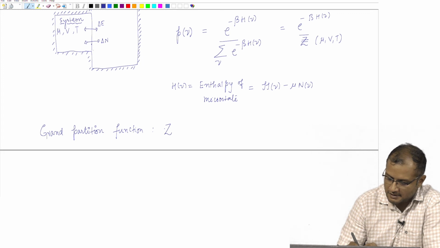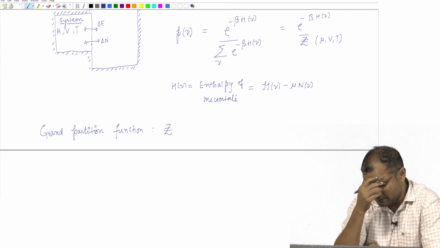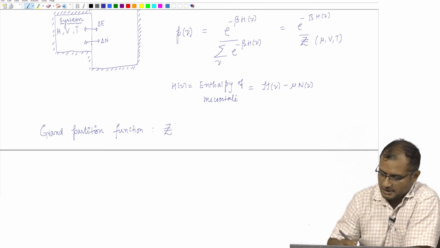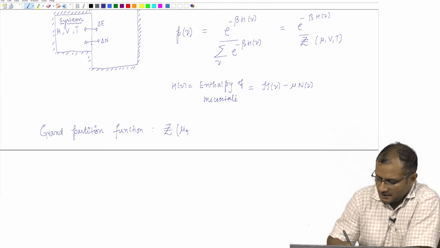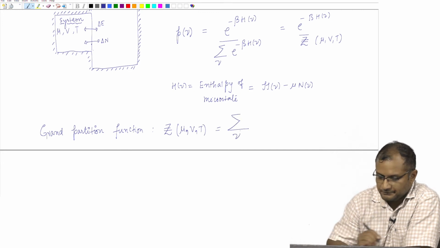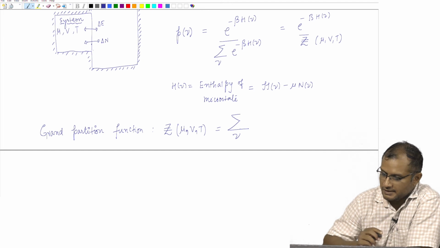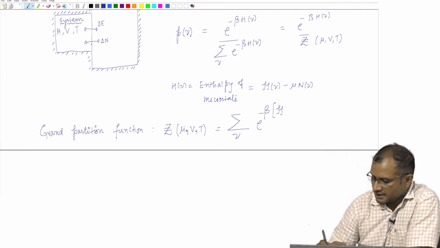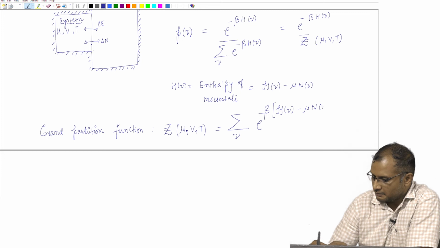I will write it as a double-struck Z, just to distinguish it from the canonical partition function. So, the grand partition function now simply becomes the norm of my probability density, which is nothing but e to the power minus beta into the internal Hamiltonian minus mu n_nu.